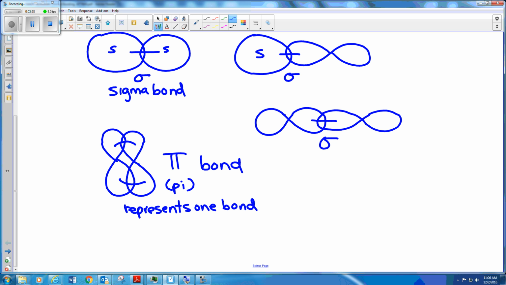That represents one bond. That's called a pi bond, when 2 p orbitals have side-by-side overlap.